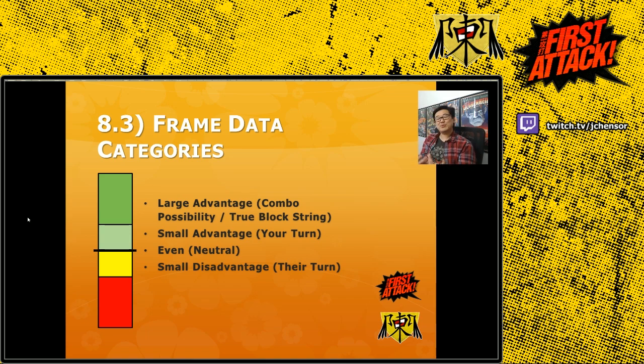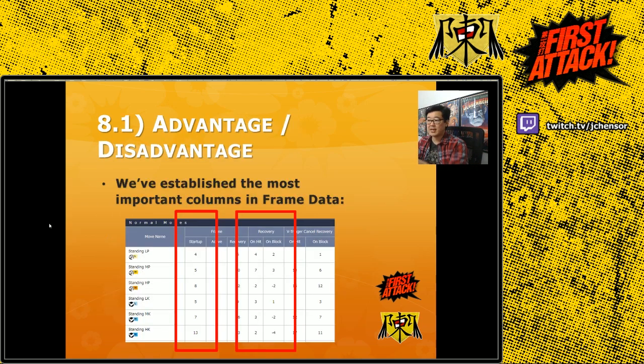Once we get into yellow, things start to get a little more dangerous. If you're in the yellow square, you are at a small disadvantage, which means it's their turn. Keep in mind, this is on hit or on block, so there are two different ways to reach these numbers. If we look up here again, we see the on hit and on block. For example, standing light punch is +2 on block, and a standing heavy punch is +2 on hit.